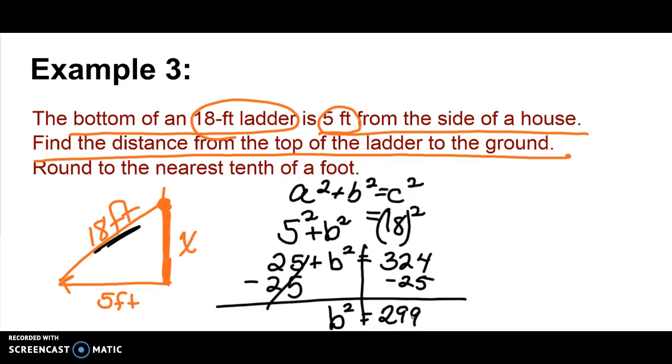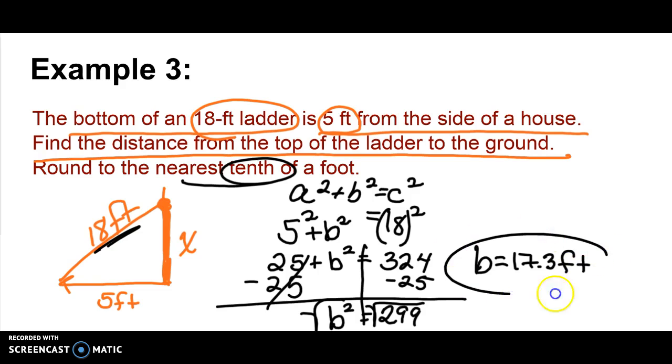Then you want to take the square root of both of those to get b by itself. And you get b equals 17.29. It says round to the nearest tenth. So 17.29 rounds to 17.3, and that's feet. And then check to make sure, is your hypotenuse your biggest side? And it is, so you're good.